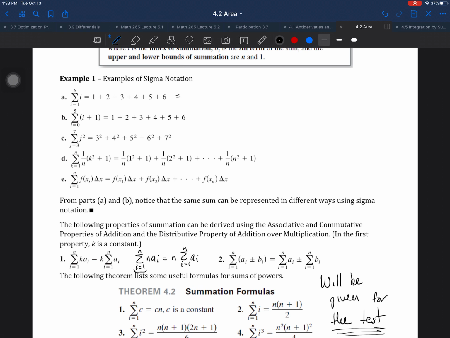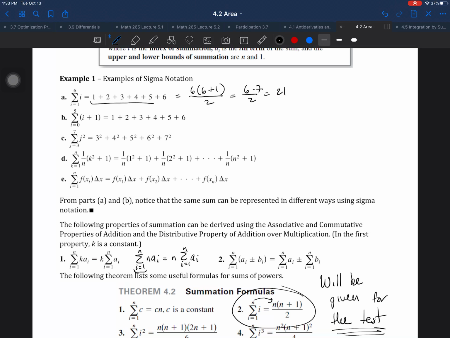I'm able to follow that formula where my 6 is going to be my n. So it'll be 6 times 6 plus 1 over 2. And this will give me 6 times 7 over 2, which will be 3 times 7, which will be 21.